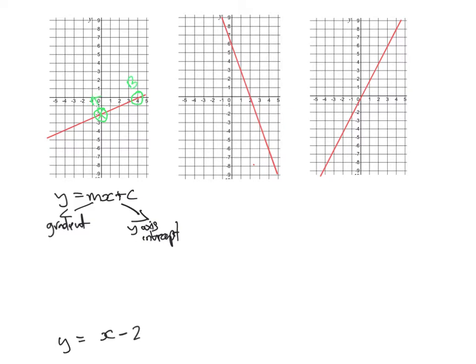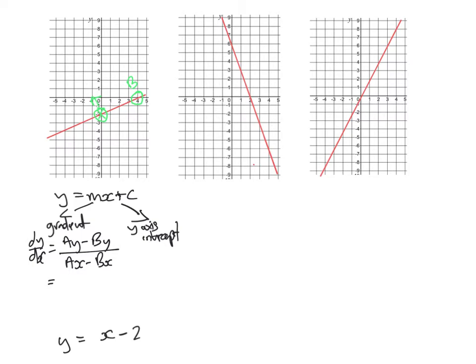So, dy over dx is the difference between the y's over the difference between the x's. Let's see what A's y value is.